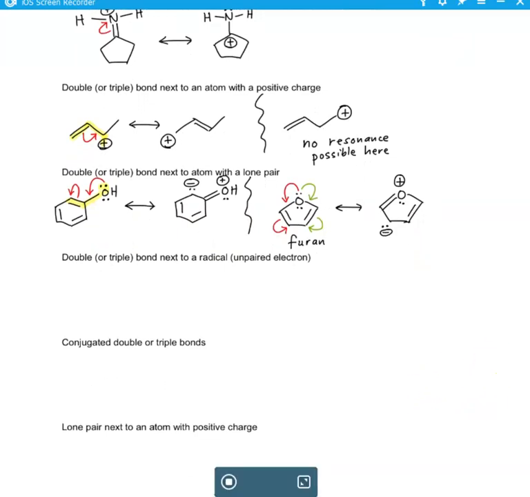If you have a double or a triple bond next to an unpaired electron, a radical, so here's the allyl radical pattern. And remember, we need 3 fishhook arrows to show what's going on here.